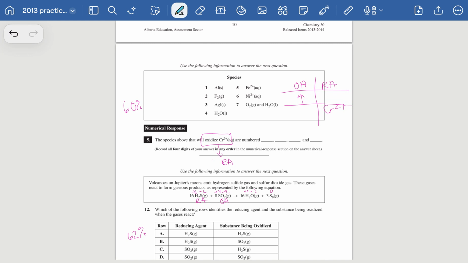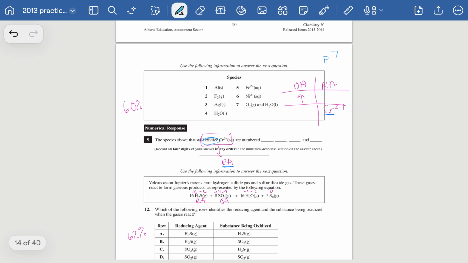Okay, so question of the numerical response, number 5. This one's asking the species that can oxidize chromium 2 positive. So what I just wanted to take a look at, if you're being oxidized, you are a reducing agent. Why that matters in this question is chromium 2 positive does appear as an OA and an RA if you look at page 7 in your data booklet. So we want to look at it as an RA.